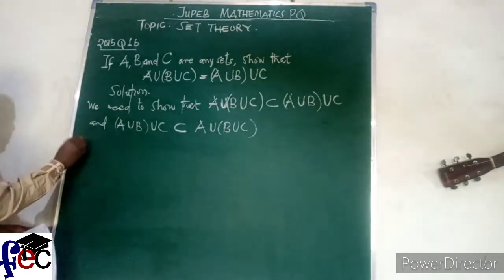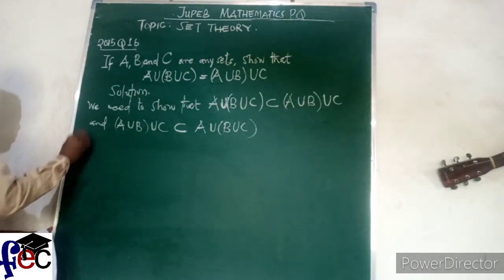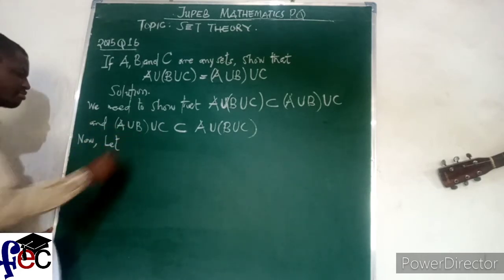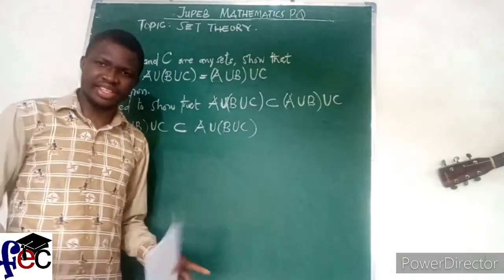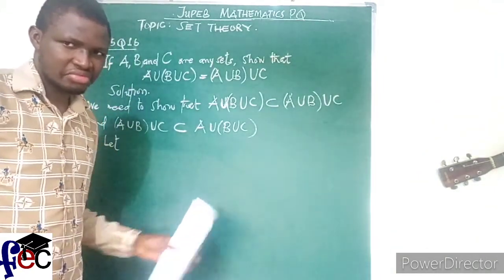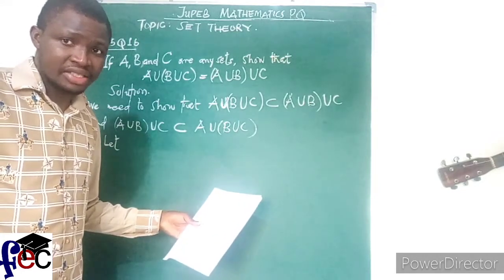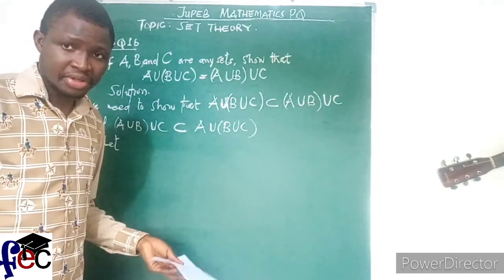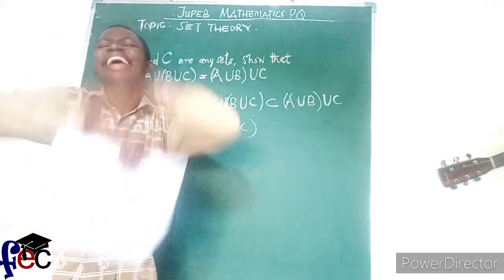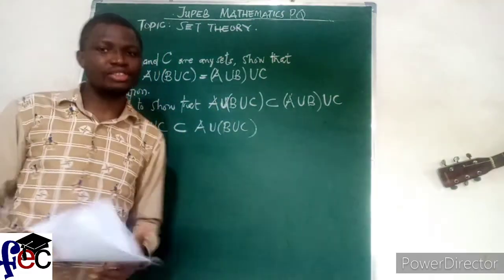So first, let's pick any arbitrary element. Think of any element. I am thinking of, say, x. You can think of p. Pick any element. Now that element will represent any element within that particular set.